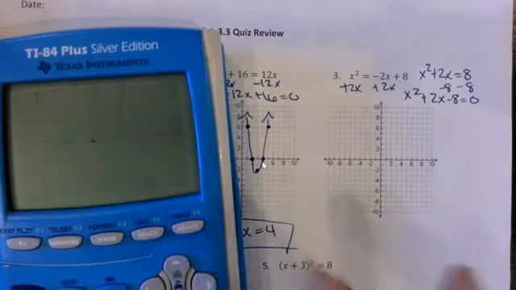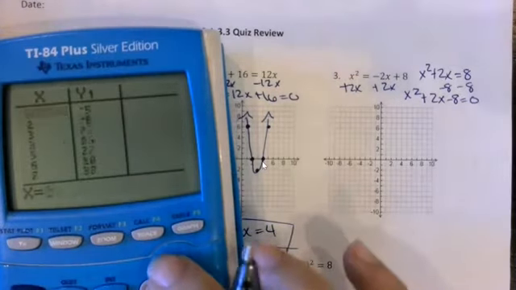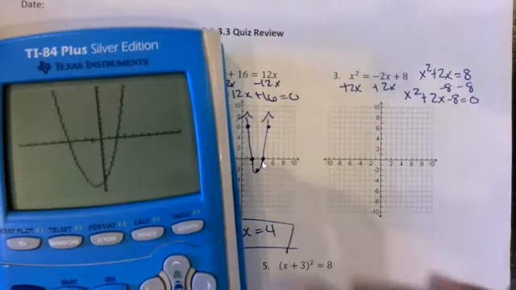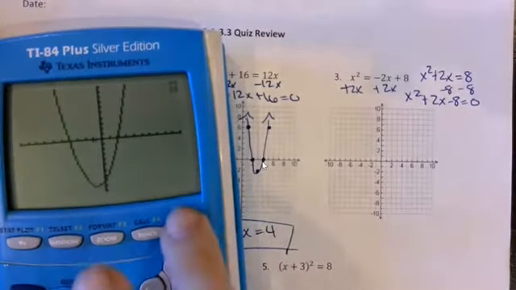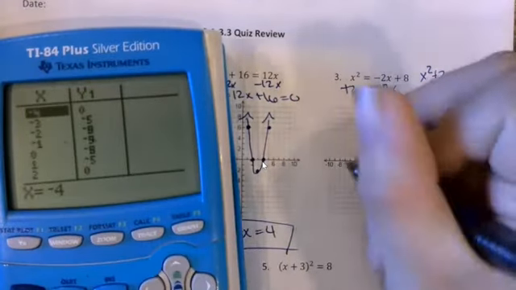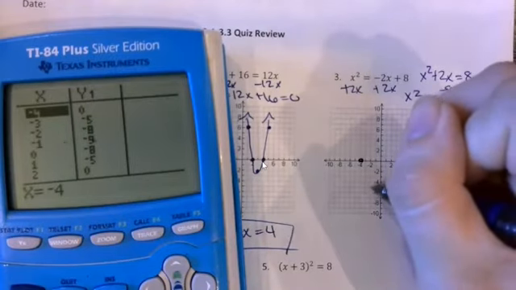And I go to second table. I'm going to arrow up because I don't see enough data points. So it's going to give me some negative values. Let me see my graph again. Graph. So looking at my graph, I can see it's going to cross twice. So I'm going to want to make sure I have all those zeros in my table. So I have negative 4, 0. Negative 3, negative 5.